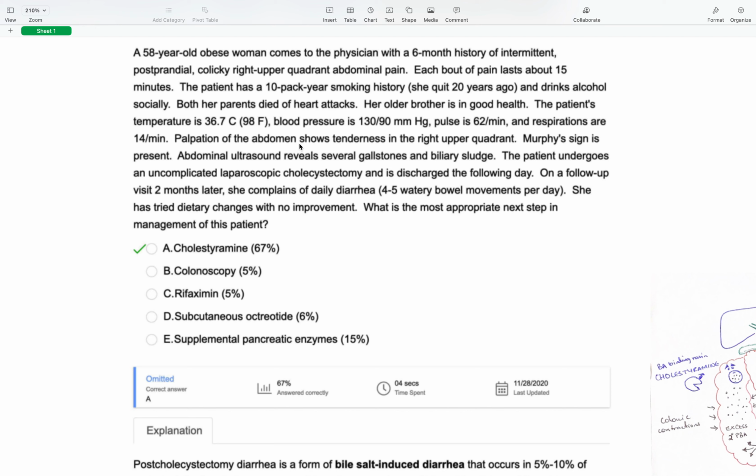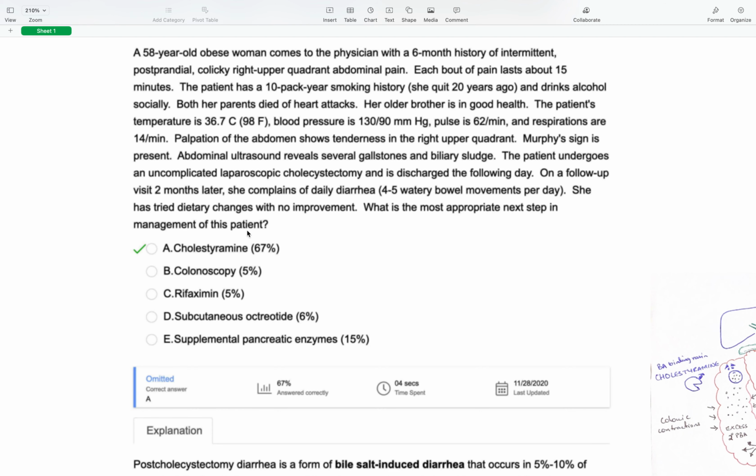Palpation of the abdomen shows tenderness in the right upper quadrant. Murphy sign is present. Abdominal ultrasound reveals several gallstones and biliary sludge. Now the patient undergoes uncomplicated laparoscopic cholecystectomy. Great. Then at a follow-up visit 2 months later, she complains of daily diarrhea. Now she has tried dietary changes with no improvement. What is the next step in management?